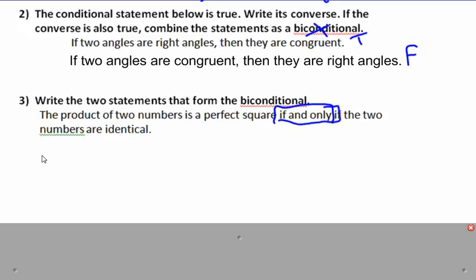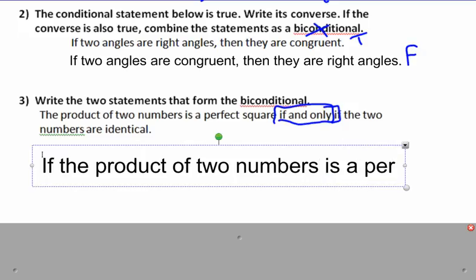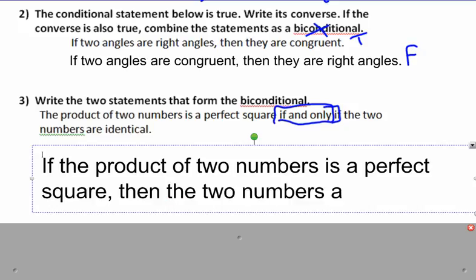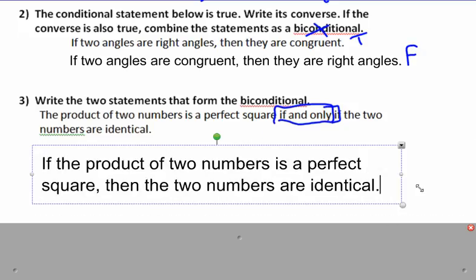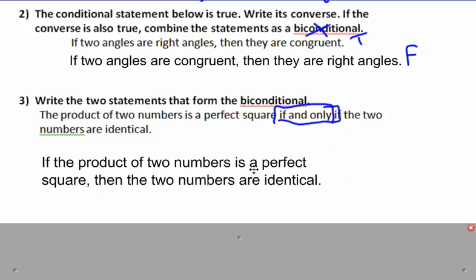So we could say this as a conditional: if the product of two numbers is a perfect square, then the two numbers are identical. That would be a conditional statement.